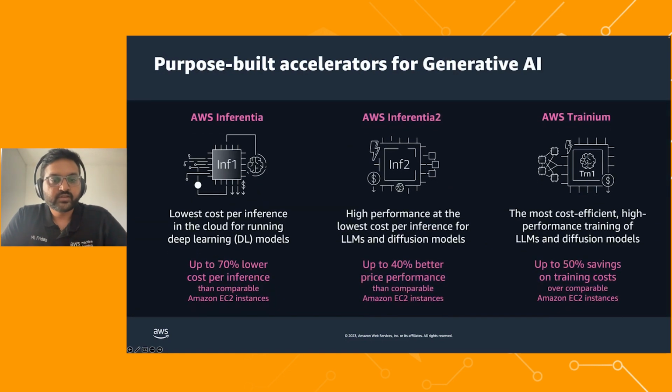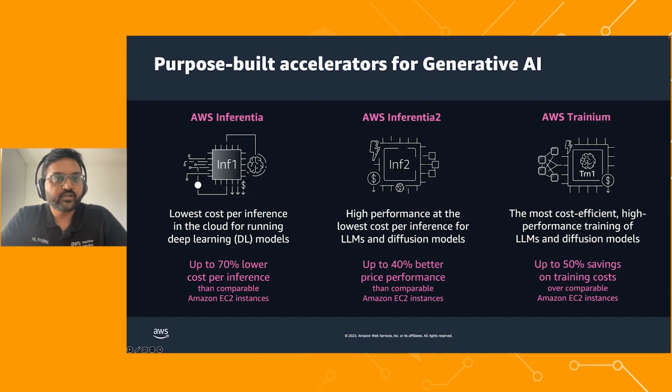So with the above mentioned challenges taken into account, we have been investing in coming up with the most price performant, energy efficient, scalable architectures or scalable hardware that can be used to build these large models, either tune them or deploy them, using AWS built hardware. As you can see, we provide three options. One is AWS Inferentia, which gives you low cost per inference in the cloud.